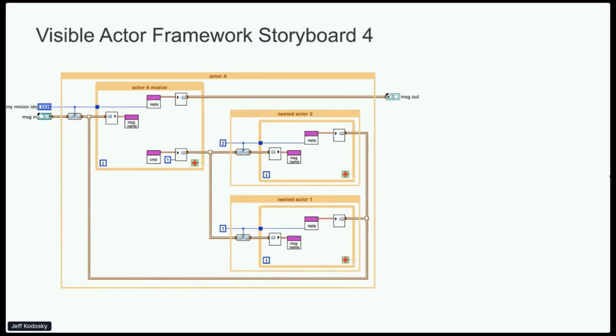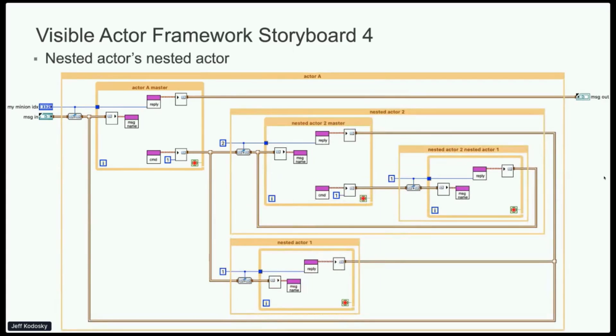You can pop up on a nested actor's frame to create a doubly nested actor. Again, the pop-up does the scripting and locks the communication paths to ensure that the framework invariant, the communication invariant, is maintained. So this diagram can grow fairly large.